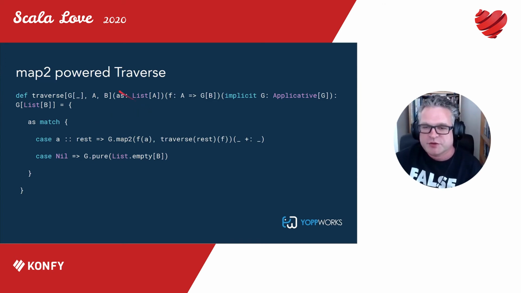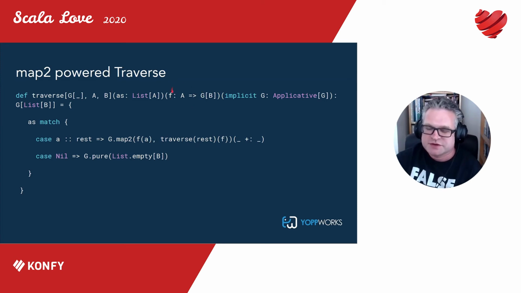So you can see here the input is a list of pure values of type A, and we need a higher-kinded type G, which has an applicative instance. What we can do here is recurse over that list and map to each successive head.